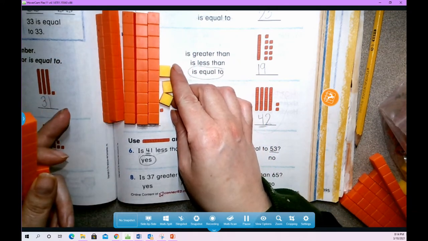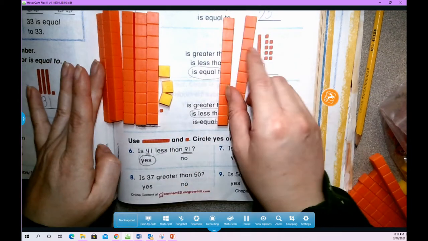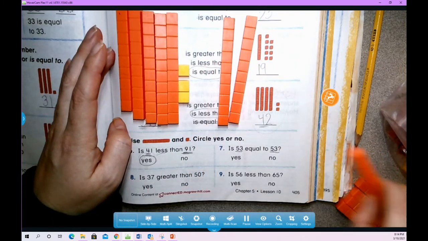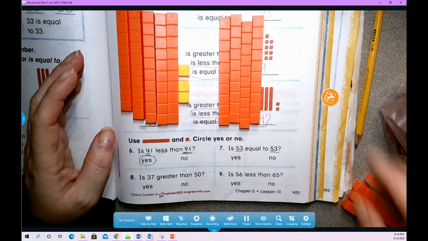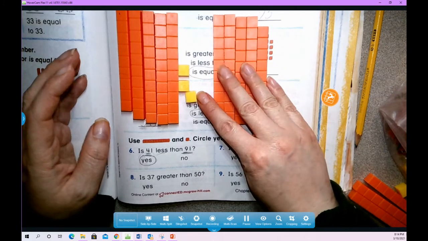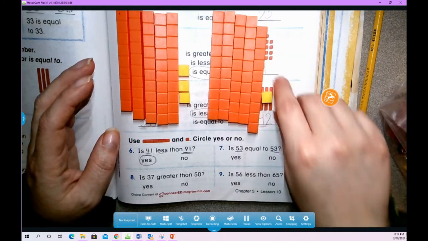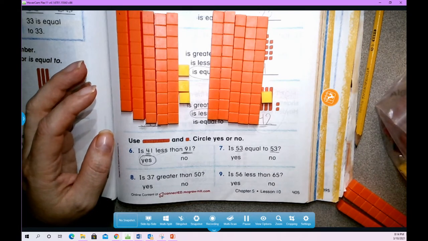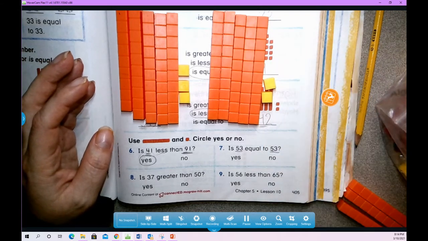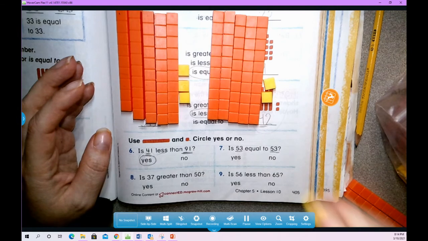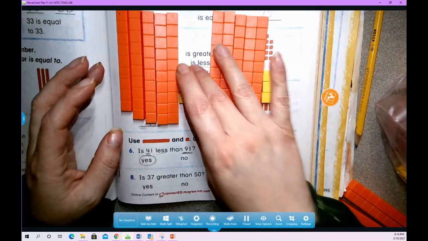All right, here we have 53. Then we have 10, 20, 30, 40, 50, 51, 52, 53. Alrighty.